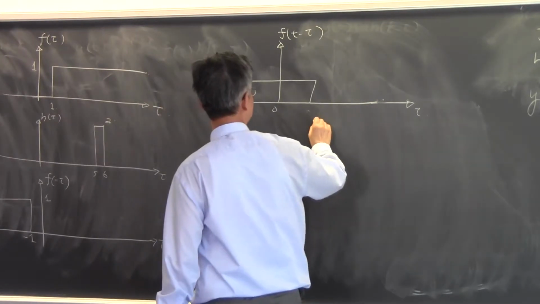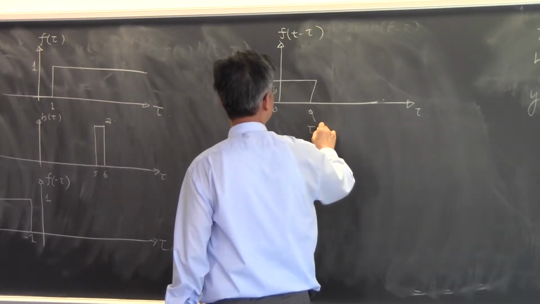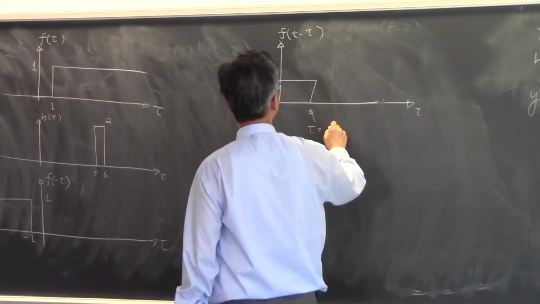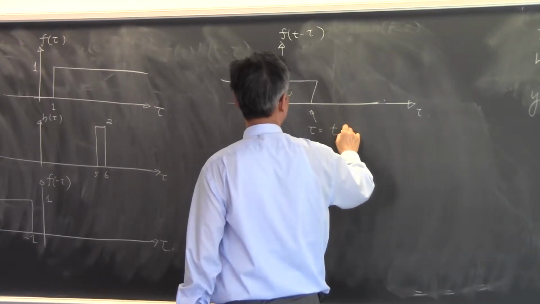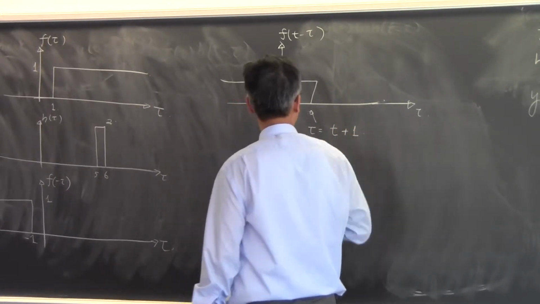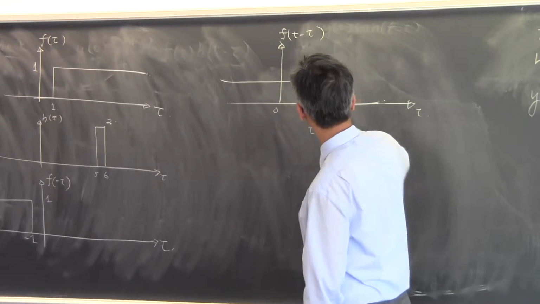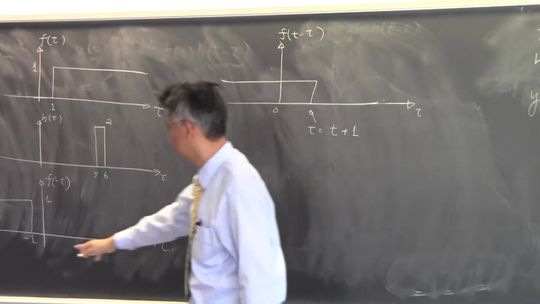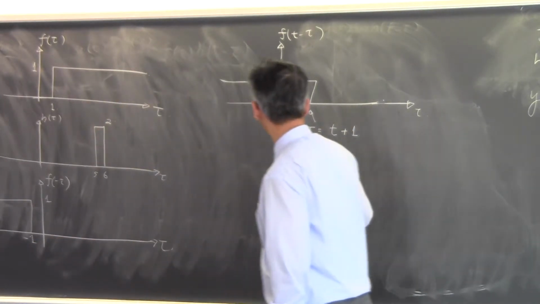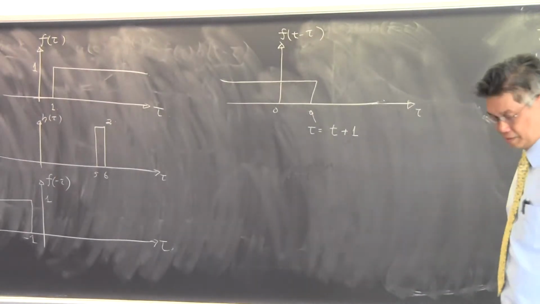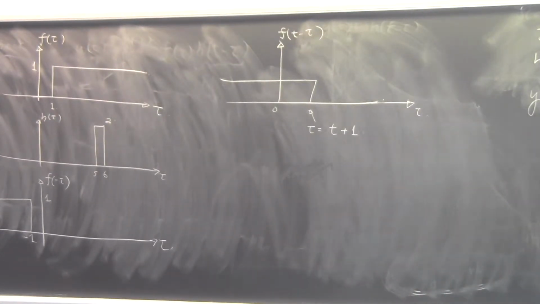So you want that tau, when it's equal to t plus 1, okay, if tau is equal to t plus 1, you plug it in here, you get f of minus 1. You get this value over here. So tau should be t plus 1 when that thing goes to 0.